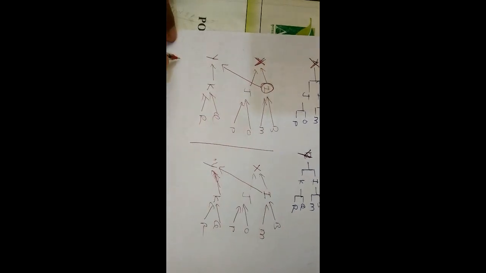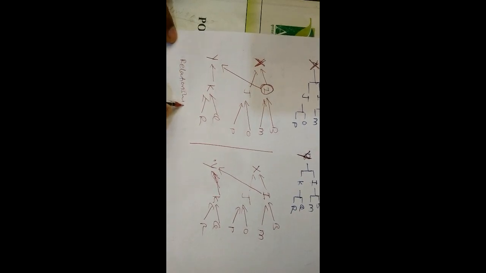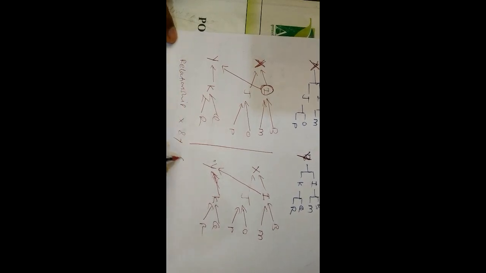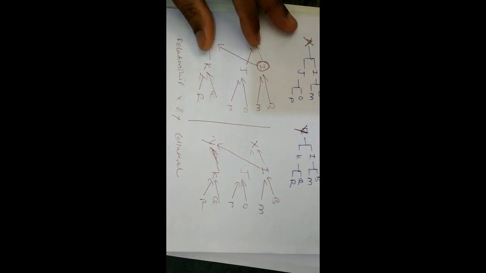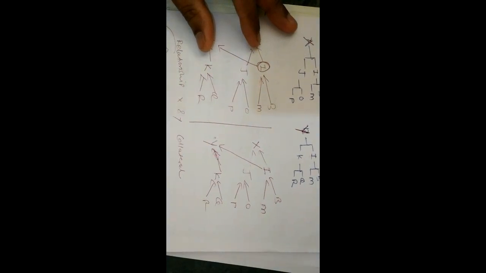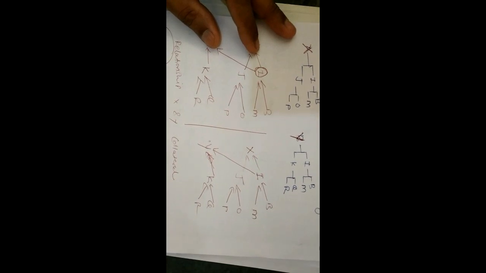Now here the relationship between X and Y is a collateral relationship. Now we need the pedigree of the common ancestor. So there is no common ancestor in the pedigree of I, so that means FI will be 0 because it is non-inbred.